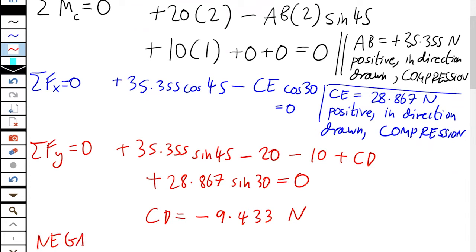That's negative, so it's opposite to the direction drawn.